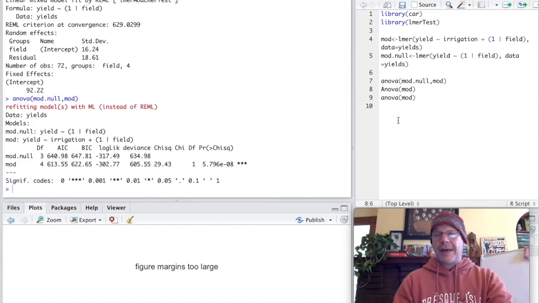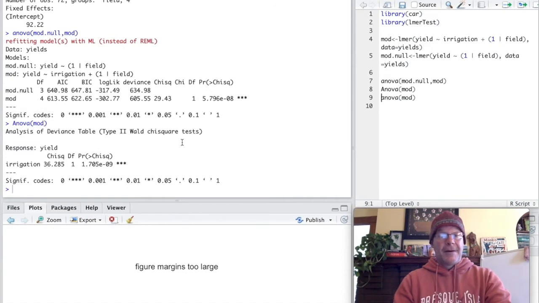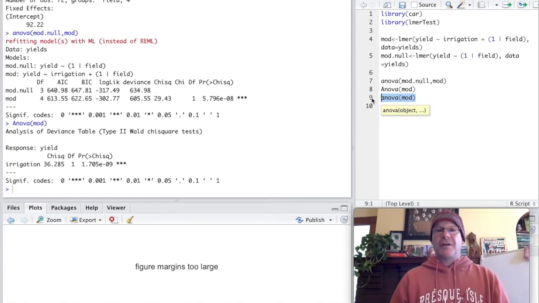If we were to use the capital A Anova function from the car package, it does something very similar. The one advantage of the capital A Anova function over the lowercase anova function is that you don't have to include the reduced model. It'll do that for you automatically. And finally, the last way is if we had loaded the lmerTest package and used the lowercase anova function, it's no longer the lowercase anova function that we're used to.